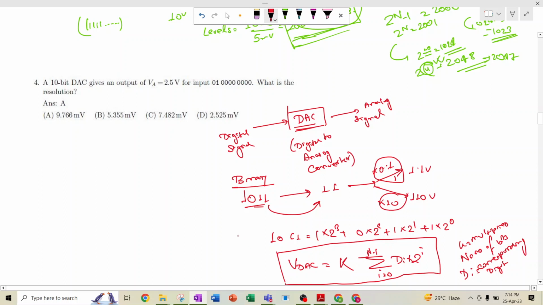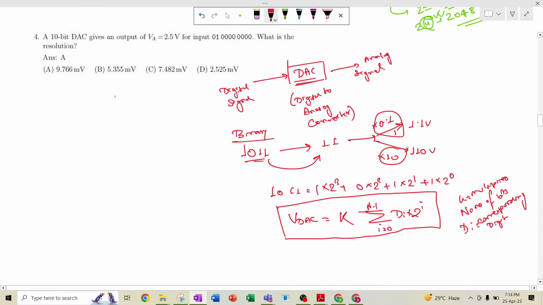Now what is the question? If the digital input is 0 1 0 0 0 0 0 0 0 0, then it gives the output as 2.5 volt. So what is the resolution for this 10 bit?